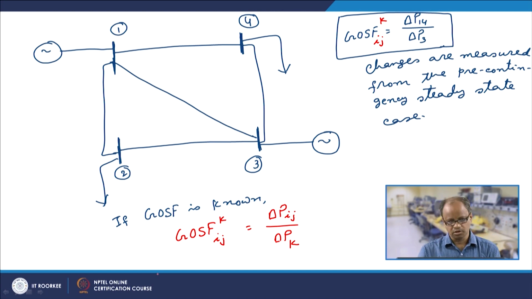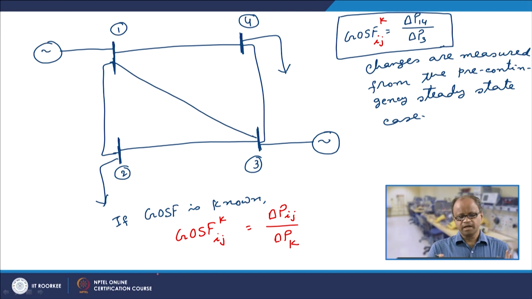For each combination of generator and line, we will have different values of GOSF. And if these GOSFs are known, and there is a change in the real power injection here, then immediately we can calculate the change in the real power flow over a line between bus I and bus j due to some change in injected power at bus k.